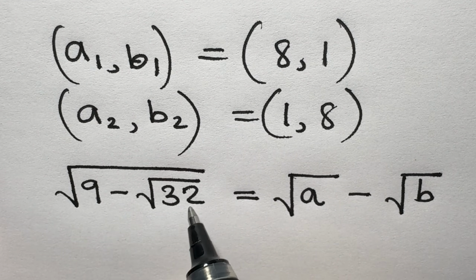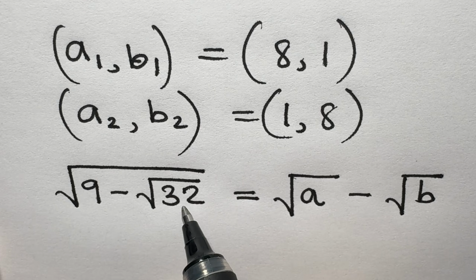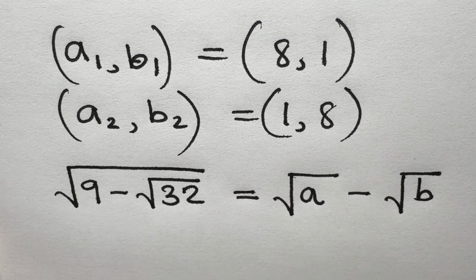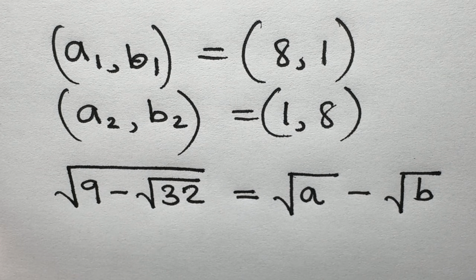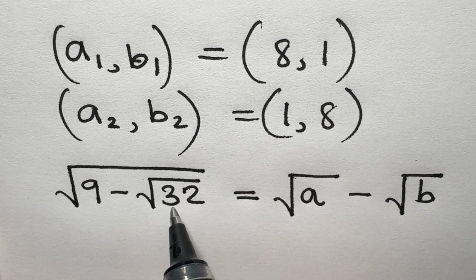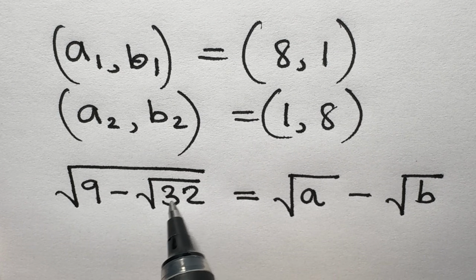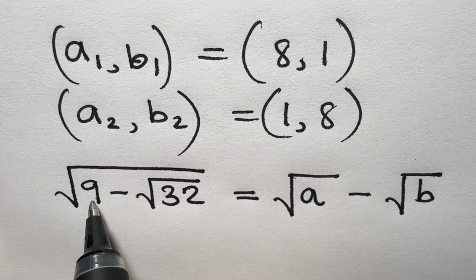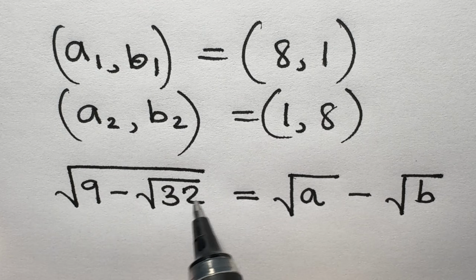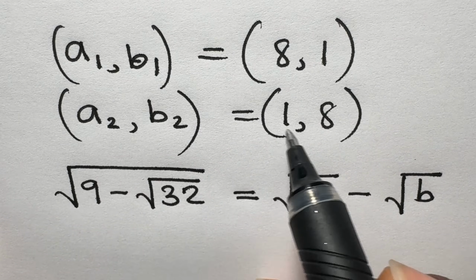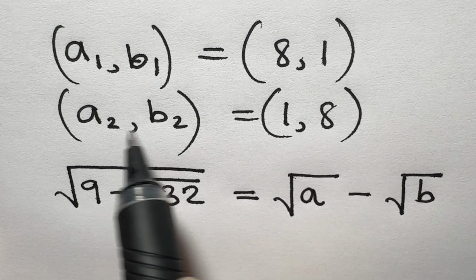9 minus square root of 32. 32 is between 25 and 36. So 25 and 36 are the two boundaries surrounding 32 as perfect squares. Therefore, the value of the square root of 32 will be between 5 and 6. So 9 minus 5 or 9 minus 6 is definitely a positive number. Therefore, we cannot use this value.